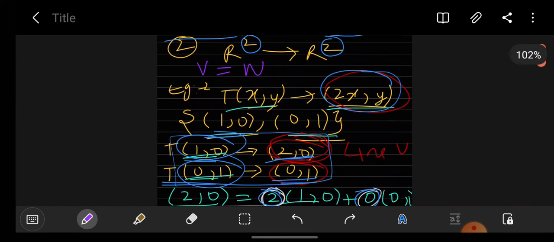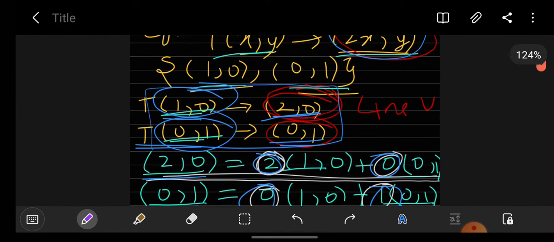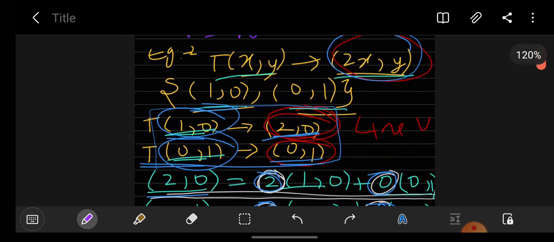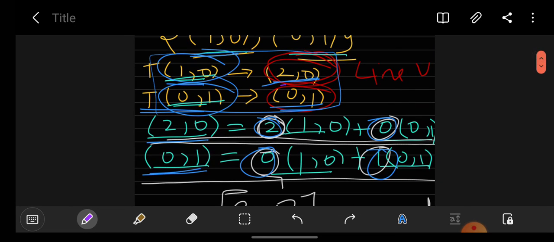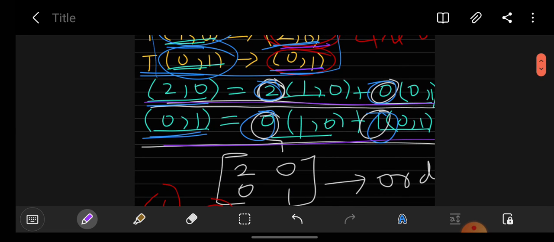So in this type of question, you have to simply put the value of the basis into your given transformation. You get the corresponding value, and you have to write it in vector form, or linear transformation form, using all the bases. So you have to write the coefficient of each corresponding value from the basis.